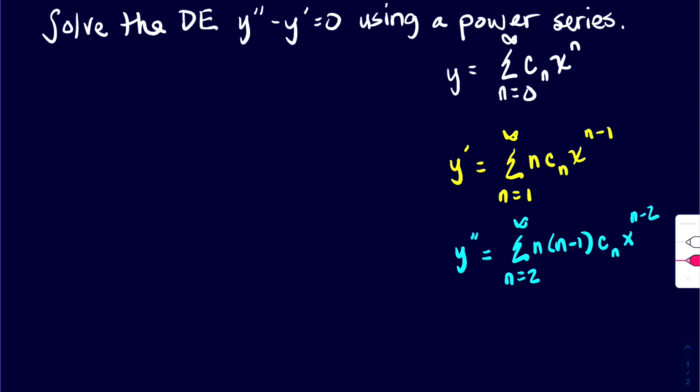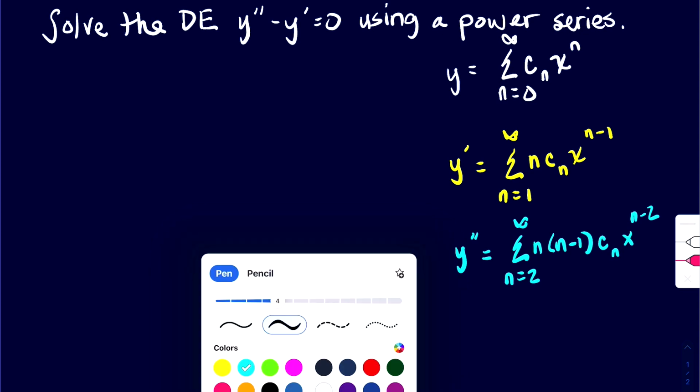Good so far? Awesome. So now we just plug these into our summation and then get the indices, or the limits on the summation, to be the same.